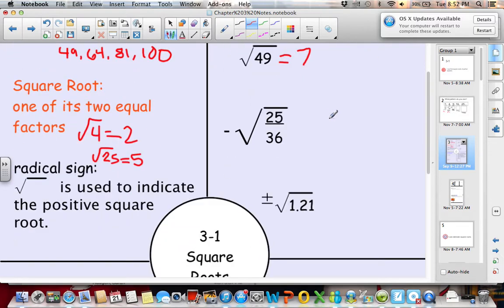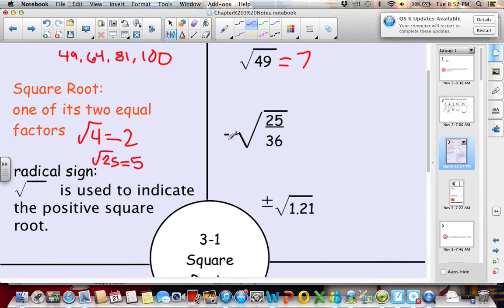Okay? Here we have the negative square root of 25 over 36. So if there's a fraction under the square root, we take the square root of the numerator and the square root of the denominator. So I'm going to ignore this negative sign for a second.